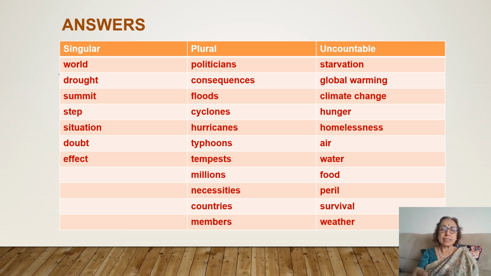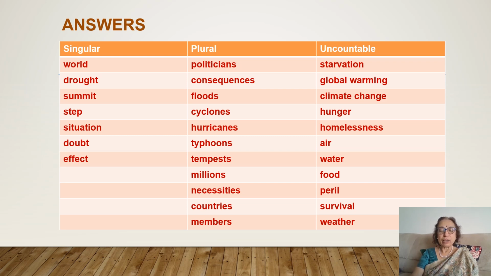Its effect is seen, effect is singular, is seen in half the world. We've already finished world. Suffering drought, drought is singular, and other half floods, floods is plural. Also, cyclones, hurricanes, typhoons, and tempests, all plural.